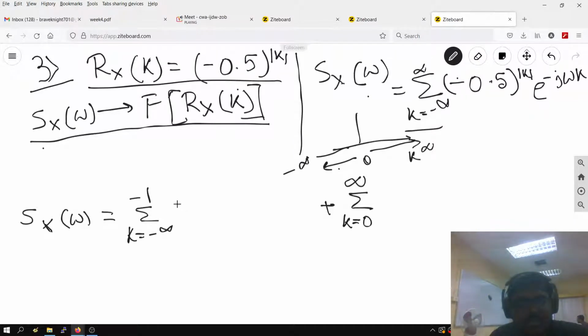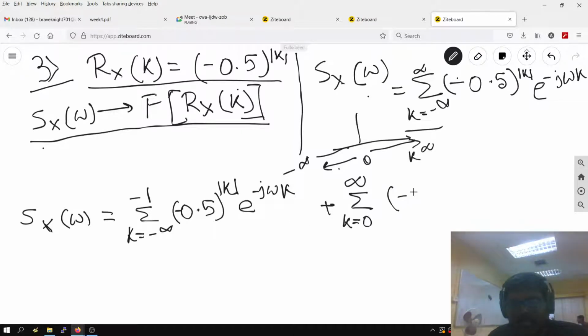So in this bracket it will be minus 0.5 mod of k and e to the power minus j omega k. Also here it is the same thing, sorry, this minus is also here, minus 0.5 mod of k e to the power minus j omega k.